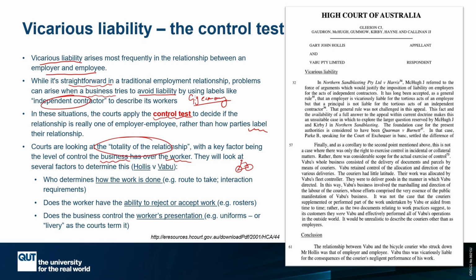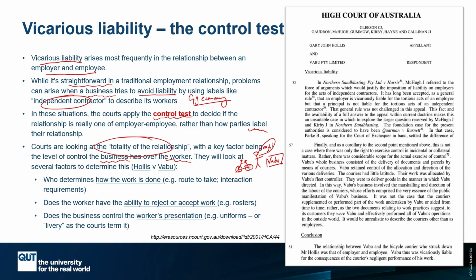Now, the classic case of this is Hollis and Vabu, which, as my little bike suggests here, involves a bicycle. There was a bicycle courier that actually struck a person as they were making a delivery. The person who got knocked over didn't actually talk to the person who hit them because they just sped off. But what they did do is they could see the uniform of the bicycle courier company, Vabu.